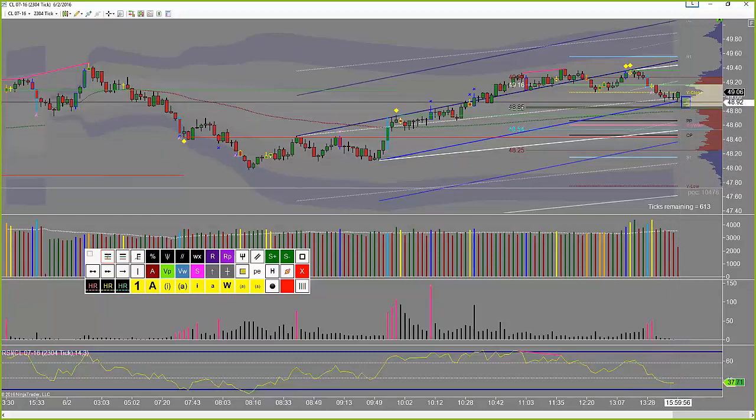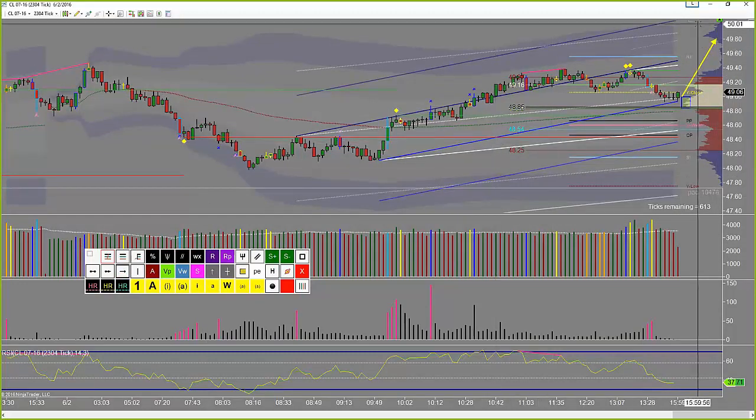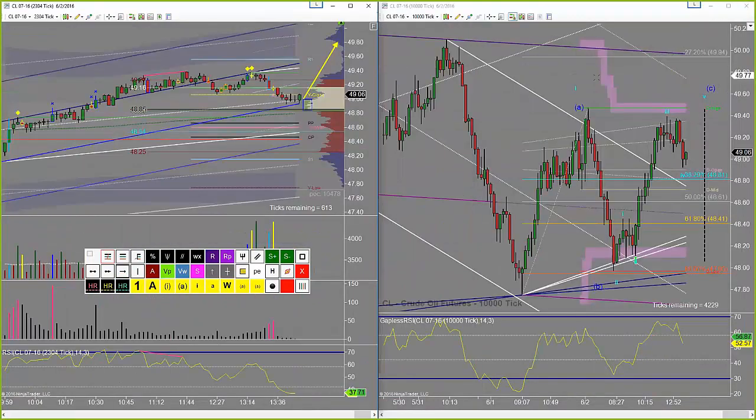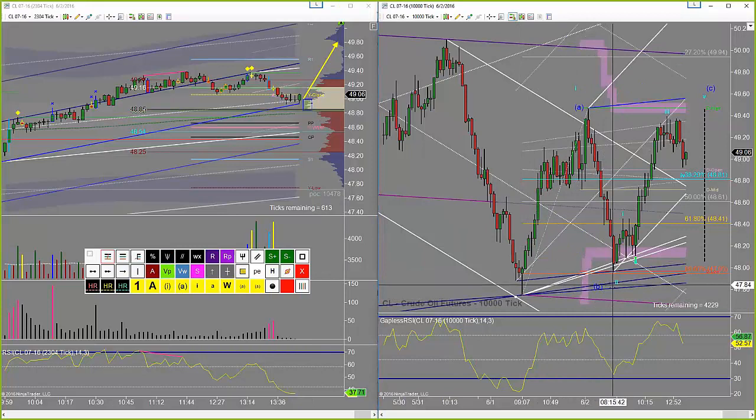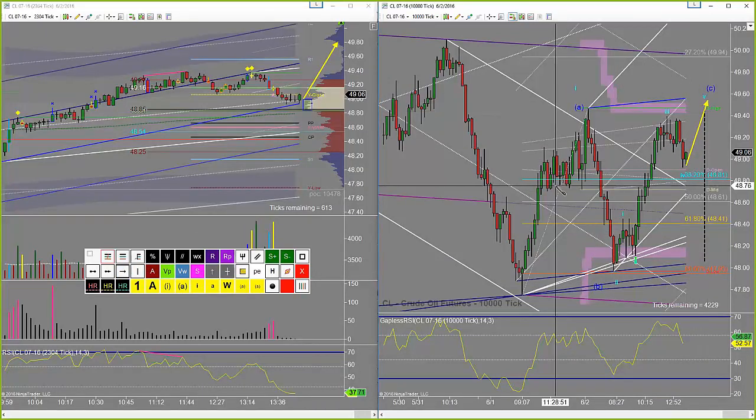Okay, so we'd be looking for another wave up now. Makes sense? So what I'm thinking is come up to here, 60 or maybe a little bit higher.